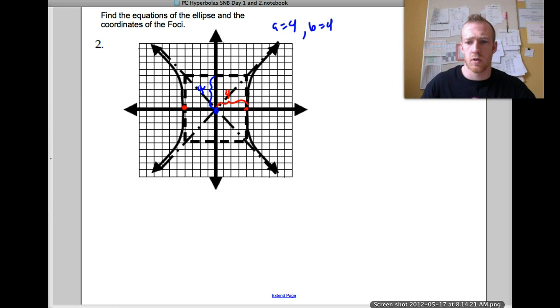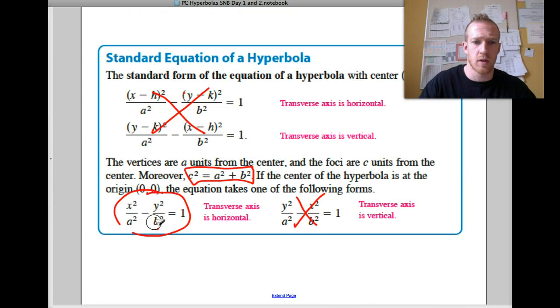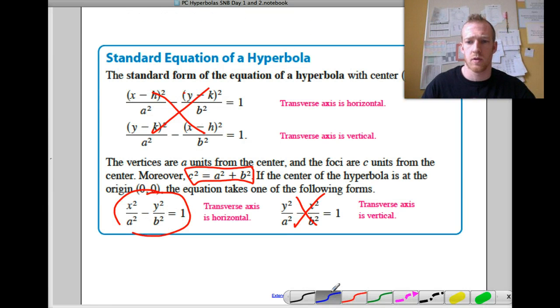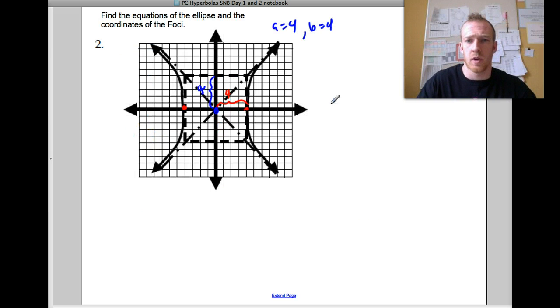So it's this equation, but now we have a 4 and a 4. So that's a 4 squared and a 4 squared. That pretty much is our whole equation. And then you plug your 4's in here and solve for c. So we have x squared over 4 squared is 16 minus y squared over 16 equals 1.